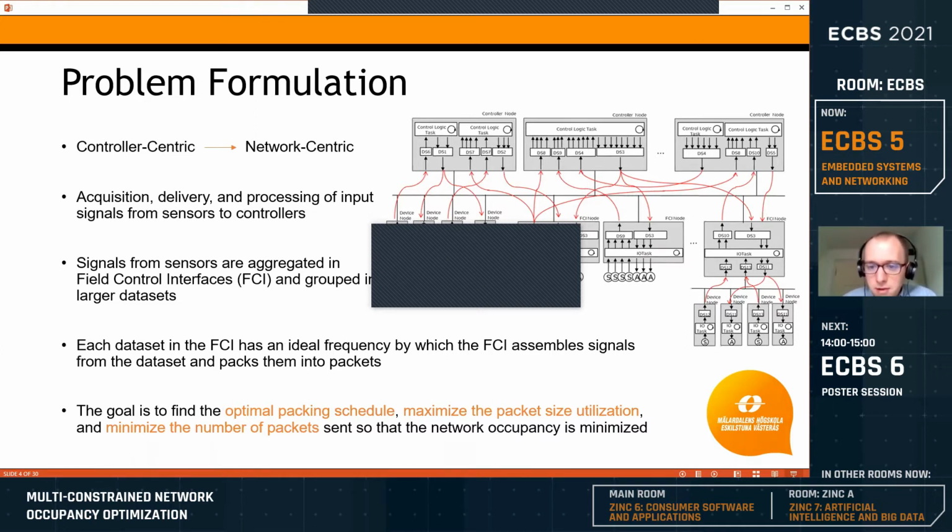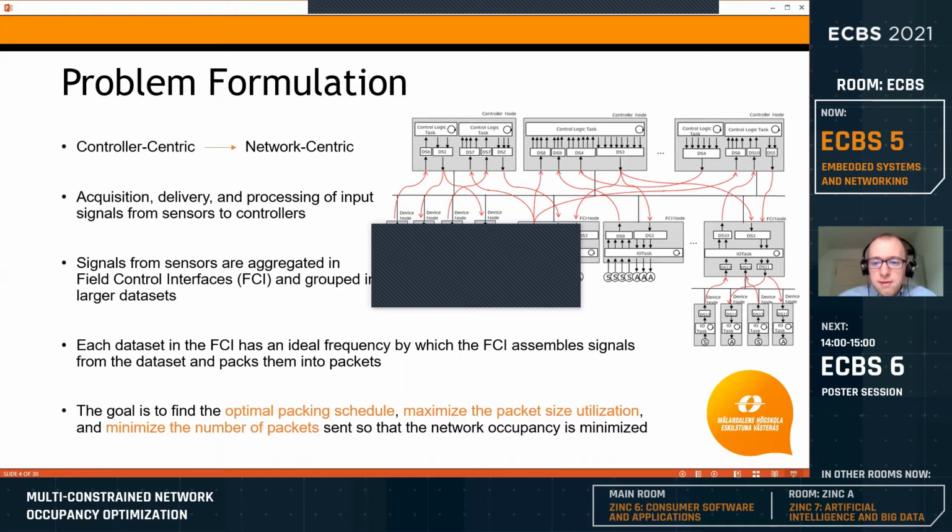On the low side, those can be directly connected to the bus, or can be connected first to the FCIs, or field controller interfaces, which then group these signals and forward them to the bus. On the other side of the bus are controllers, which run tasks. So the idea is to have a flow of signals from sensors to controllers and back.